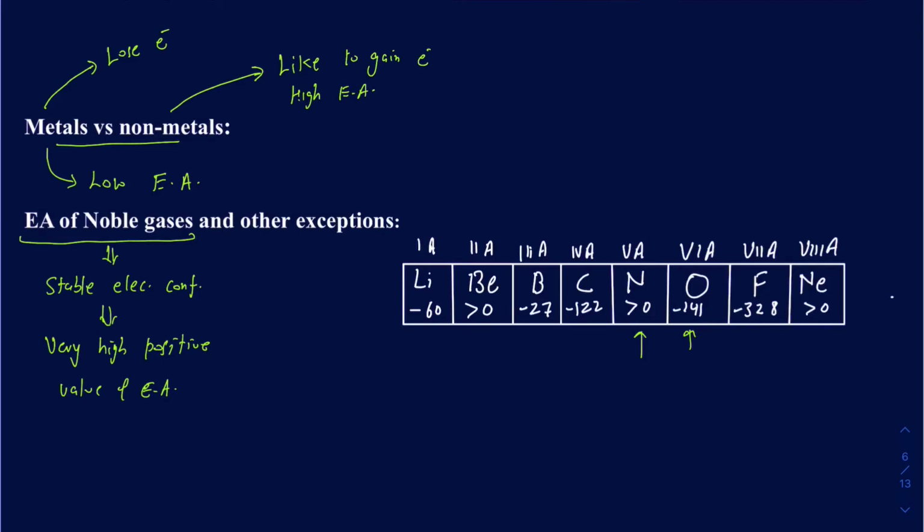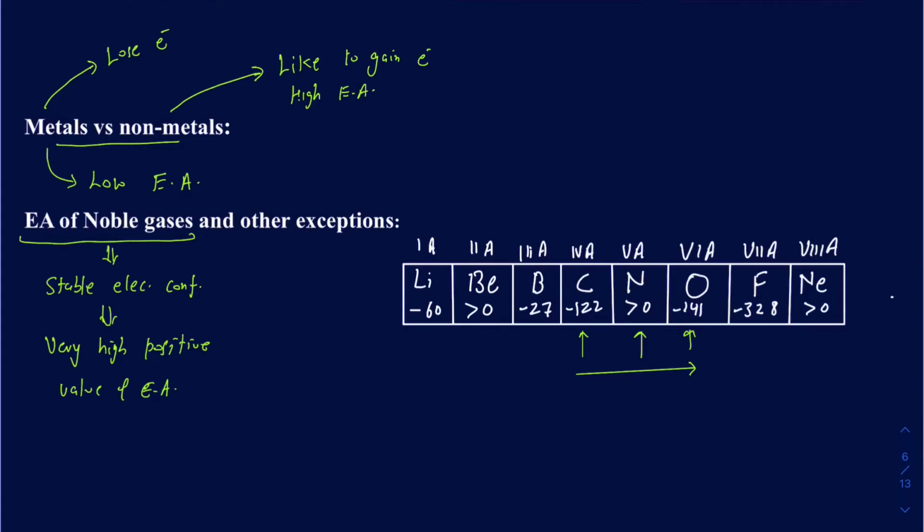And carbon also has a negative electron affinity. So when moving across these three elements, I should expect a regular increase in the electron affinity, or another way of saying it, these numbers should become more and more negative as we move along. But nitrogen turns out to be a positive number, which means it has a low electron affinity. Carbon has a higher electron affinity.